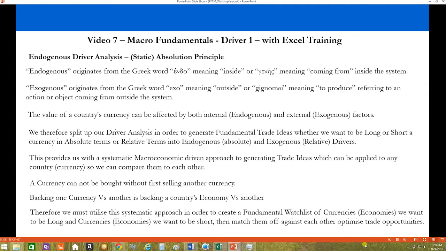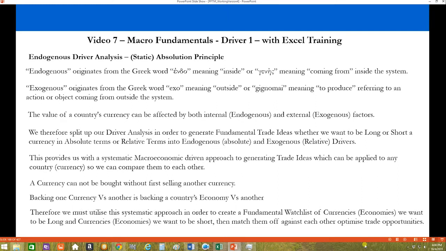So in an endogenous sense, with an endogenous approach, and in relative terms. So we look at a country and we decide whether we go long or short a currency based on external drivers. And we basically combine the two analyses. And what this does is it provides us with a systematic approach, a macroeconomic systematic approach to generating trade ideas. And this can be applied to any country or currency, so we can basically compare them to each other.